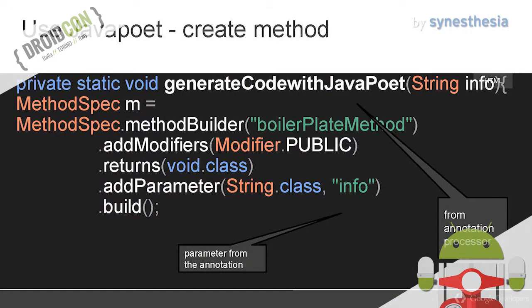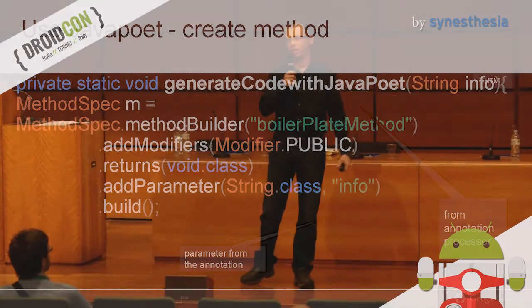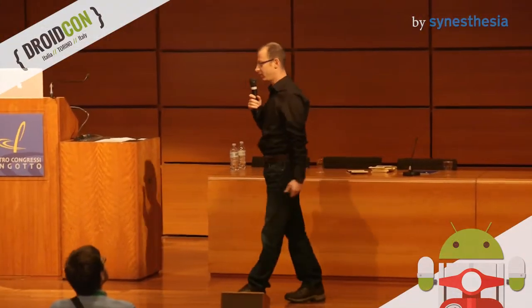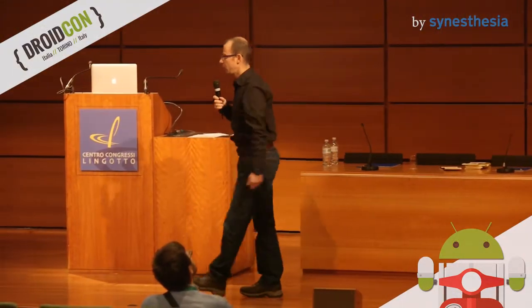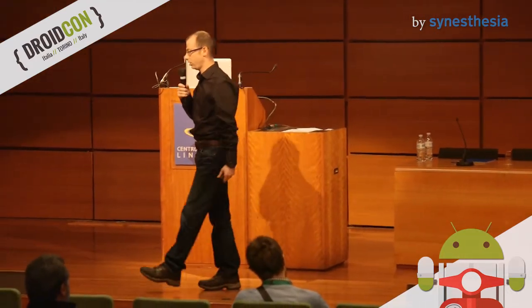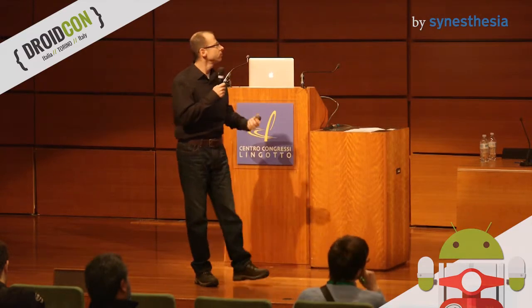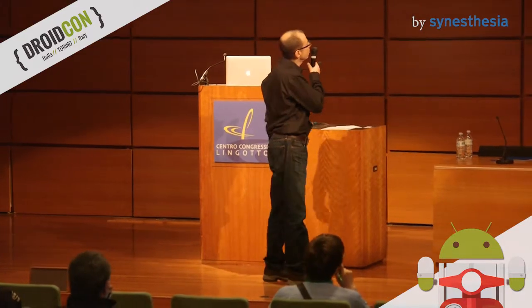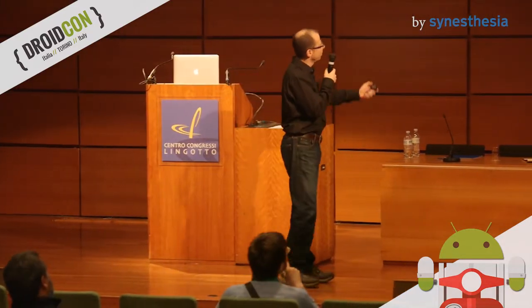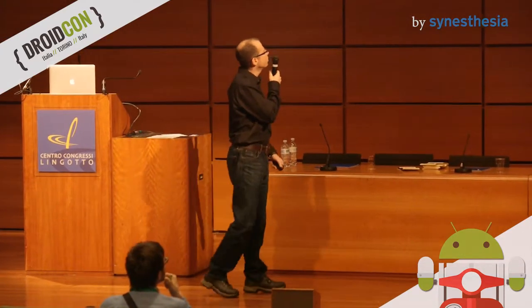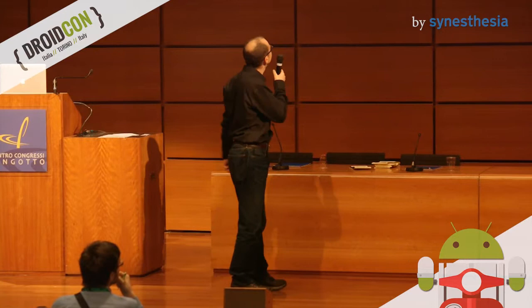Basically, Java Poet is a library that you can happily look after for generating Java code. It is developed by Square and some pieces from Google to provide the dynamic ability to create code. And let's see how we build, if you recall, our boilerplate method, which is pretty easy. If you see, this is a private static void generate code with Java Poet, getting the string info.